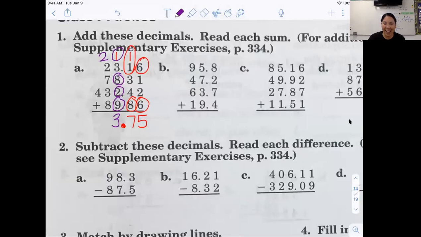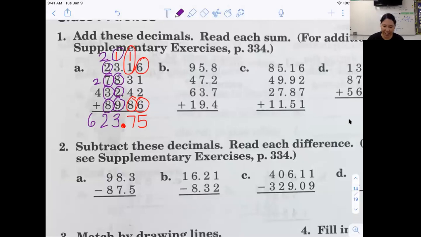I see 2 ways. 8 and 2 makes 10, and then 7 and 3 makes 10. So once again, 2 10s is 20, plus that little 2 on top, 22. So I'll put my 2, carry my 2, and then 4 plus 2 is 6. So I got 623 and 75 hundredths. That's how I would say that.